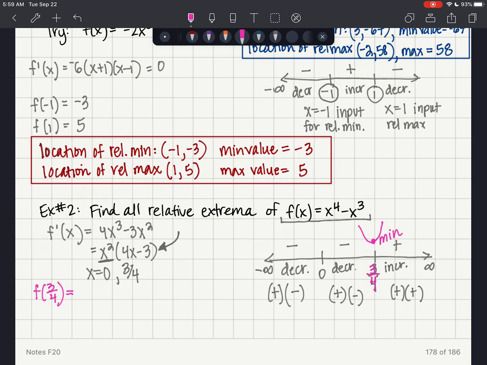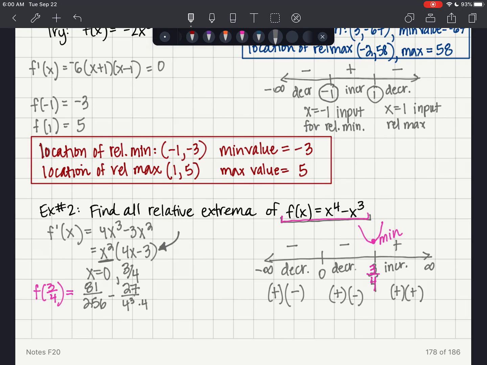So we'll put 3/4 in. Now I'm just doing the math here because I think it's fun. We're going back to, remember, f of x right here. So when I put the 3/4 in, I'm going to have 81 over 4 to the 4th power, which is 256, minus 3/4 cubed. That's going to be 27 times, now 4 cubed, right?